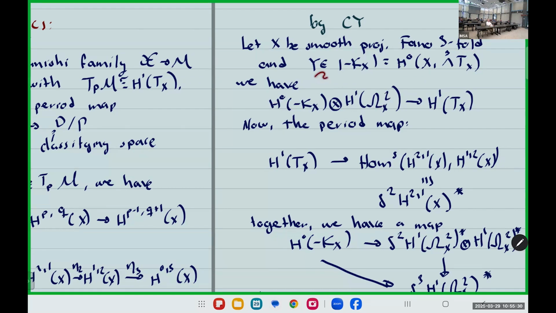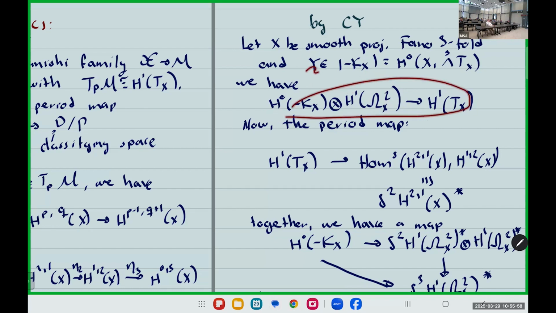If we fix this y, and take an element in H^{2,1}, we can multiply. The multiplication here will induce a map in homology, and we are going to contract these two forms with these two vector fields that we have here, and we arrive at H^1 of T_X.